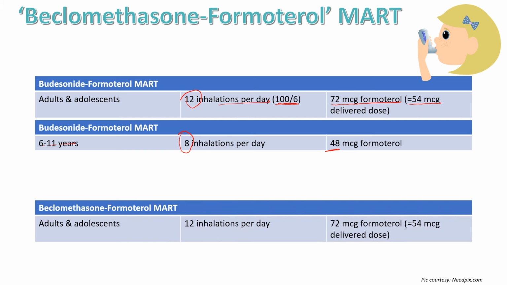So when it came to the administration of beclomethasone formoterol, here you see the LABA remains the same because it has the onset of action as quick as that of SABA. In adults and adolescents also, beclomethasone formoterol MART has come into recommendation, and the recommendation is again a maximum of 12 inhalations per day, because the dose of formoterol administered should remain the same, that is maximum 72 micrograms, that is 54 micrograms of delivered dose.